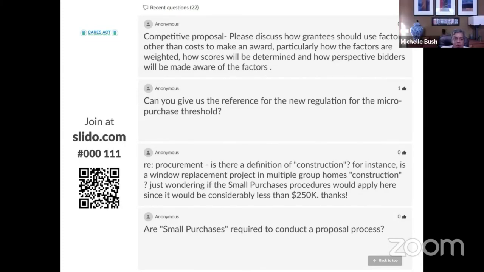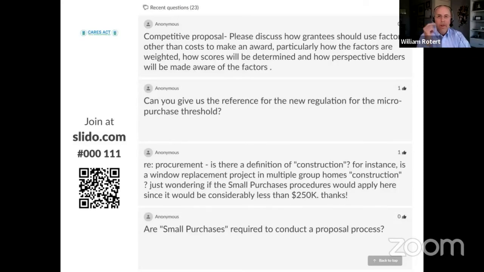Please discuss how grantees should use factors other than cost to make an award, particularly how the factors are weighted, how scores will be determined, and how prospective bidders will be made aware of the factors. I can kind of jump on that one. It kind of depends on what you're procuring. For example, with professional services, we mentioned there are a lot of factors you would take into account other than just cost. Cost might be one of the factors, but also the experience that entity has, and whether they have a history of problems with other projects, things of that nature.